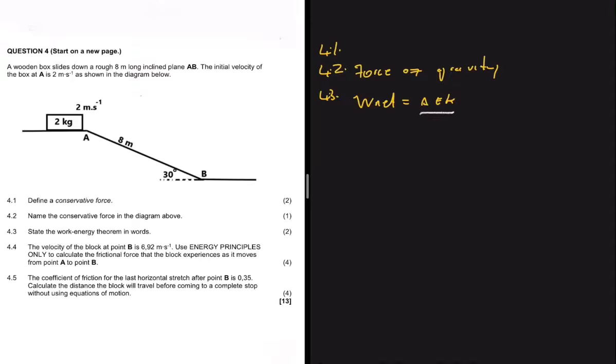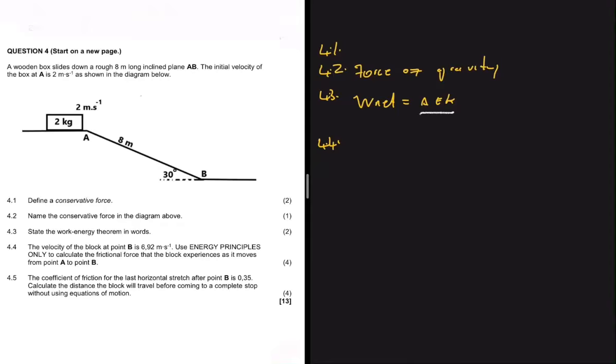Basically, you're just explaining the formula, right? Because it's easy to see from the formula that the net work done on an object is equal to the object's change in kinetic energy. 4.4. So 4.4 is saying that the velocity of the block at point B is 6.92 meters per second.